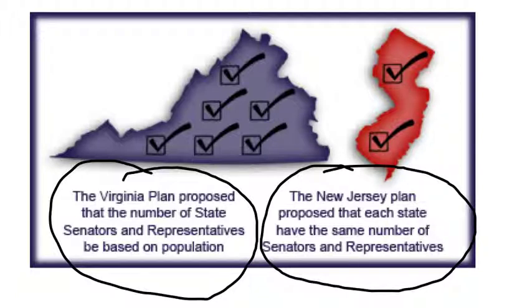Or do we want to say homerooms should receive more than one vote if they have many more students in that homeroom? We should do what that class wants to do because more students are in there. It's an easy way to look at this and understand it, but this is a very important issue that will come up and we will talk about from time to time. The Virginia Plan and the New Jersey Plan. Virginia based on the state's population. New Jersey based on equality. Each state gets the same amount of votes.